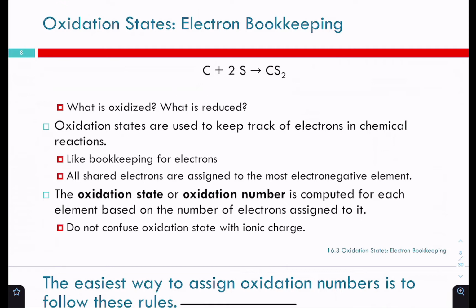So all shared electrons are assigned to the most electronegative element. Electronegativity is a property of the periodic table that we haven't gotten to yet. We're going to cover it in, I think, chapter 9. But farther right on the periodic table, more electronegative. Farther up on the periodic table, more electronegative.